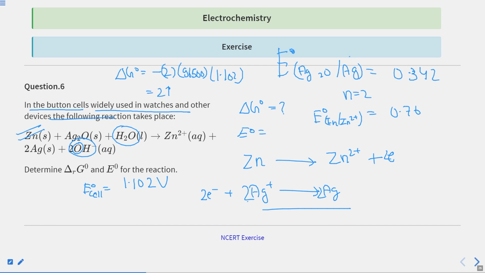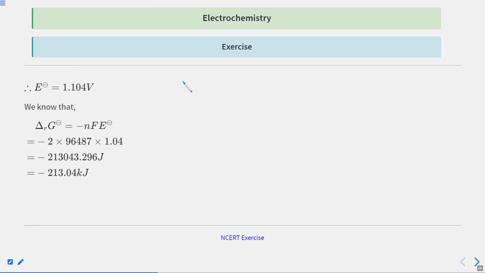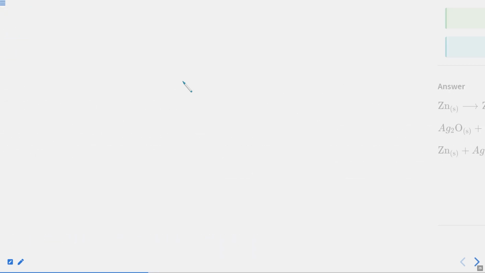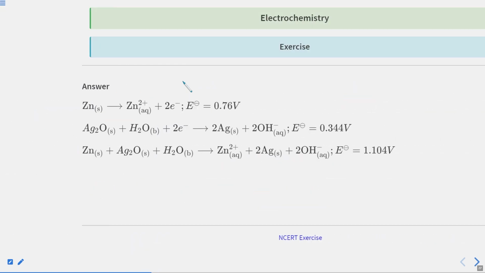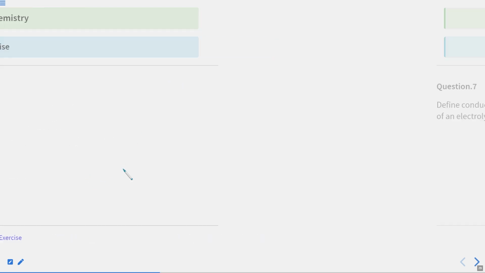I'm writing it in kilojoules directly. Let us see the solution. They have done the same thing, taken those values. It is 213.04. They just approximated it more and made it 213 instead of 212.7.